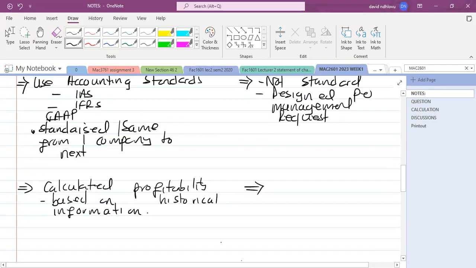What it means is the reports will be drawn up on events that have already occurred, always on events that have taken place. If I'm going to calculate profit, I'm going to do it, let's say, at the end of the year, taking into account all the income and expenses throughout the year. So this is a historical report. But management accounting is used for future purposes, to help decision making.